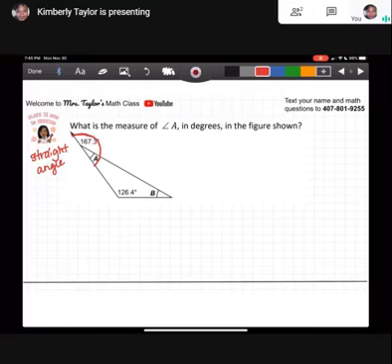Straight angles equal 180 degrees. So I can take this angle A plus the 167.3 and set it equal to 180. Okay, so I can solve the problem like that.